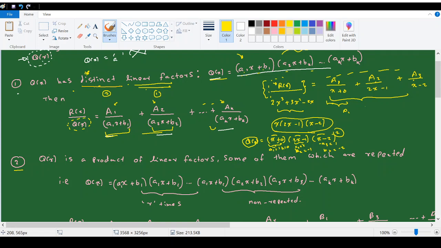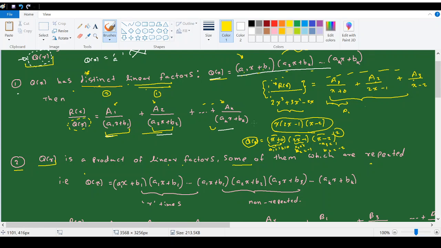The only difference between the first one and the second one is here. Now remember, we deal only with improper fractions, okay? And in this second category, we will have Q(x) as a product of linear factors, but some of them can be repeated.